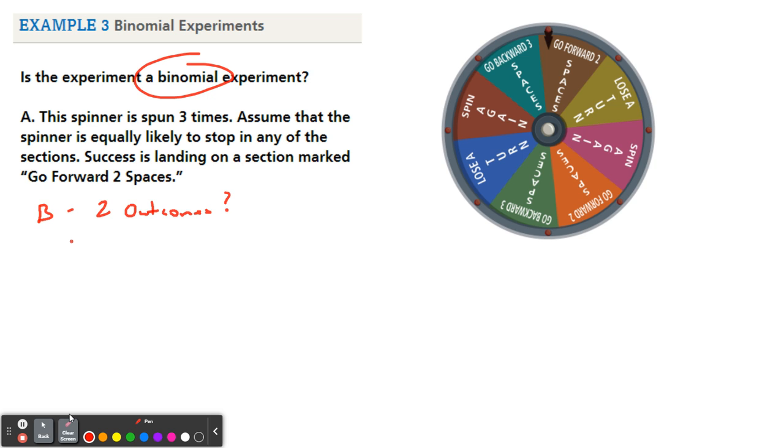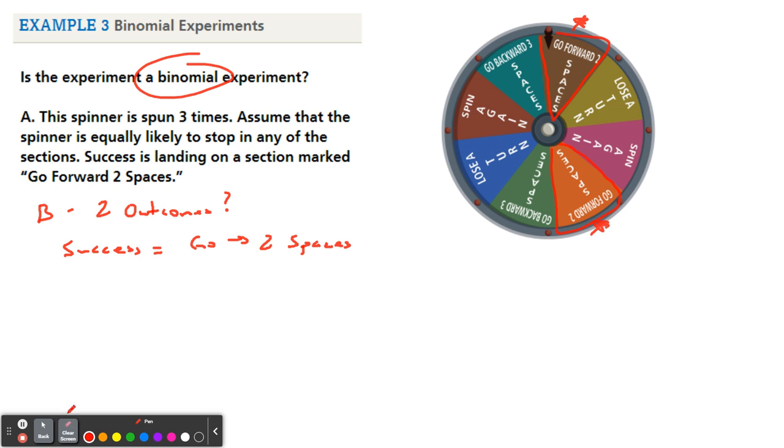Well, what is our success? In this case, a success is going forward 2 spaces. We have a go forward 2 spaces here and here, so those are our 2 spots.